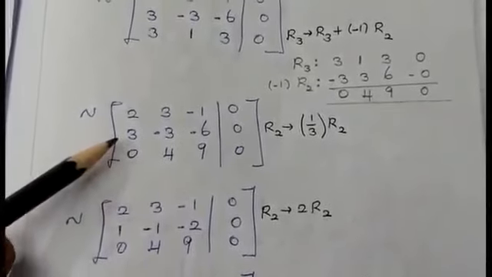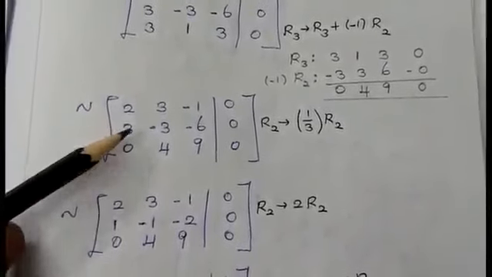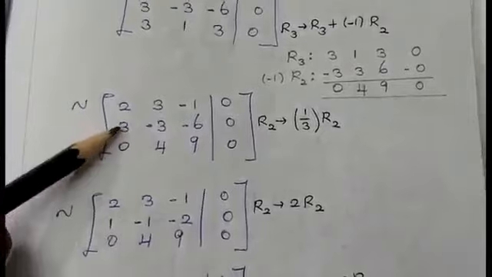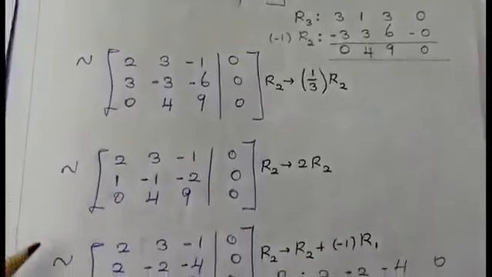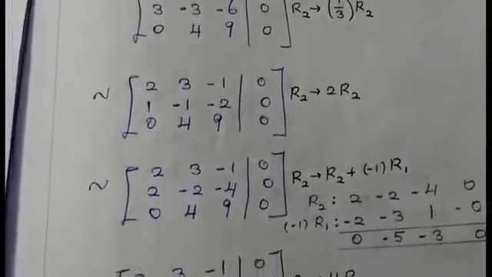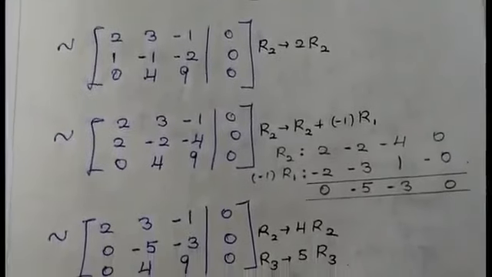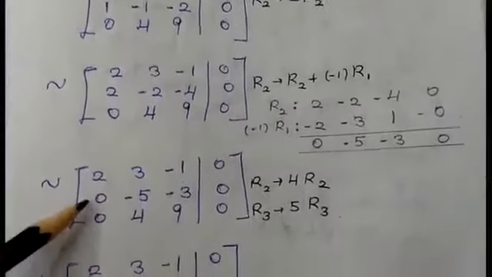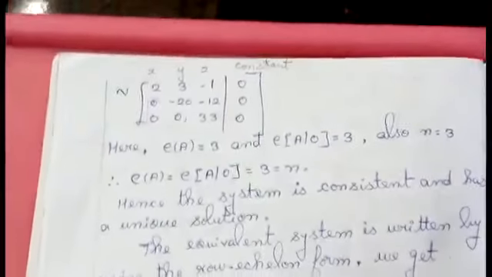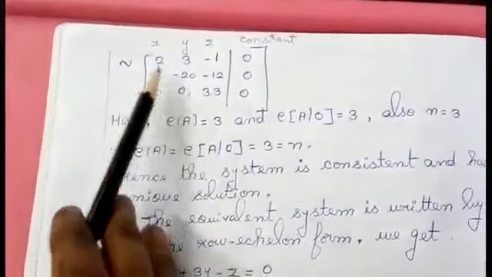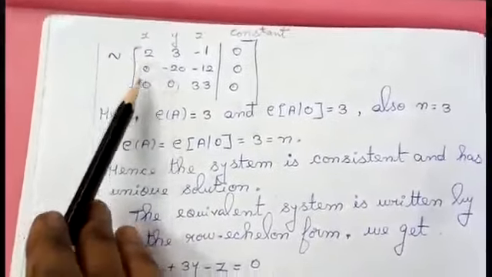Then I am going to target the 3, that is second row first position, which I want to bring to 0. After doing the calculation, depending upon the way you do it, I am getting the value 0.